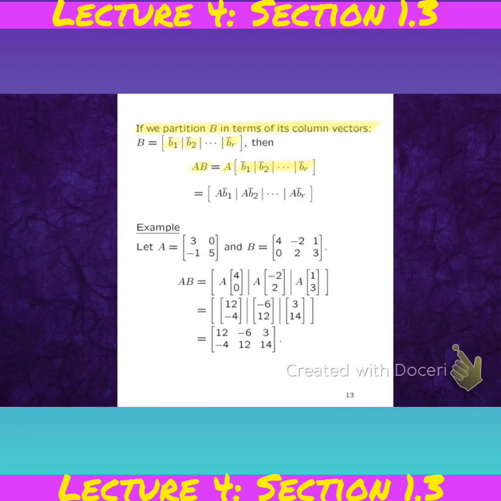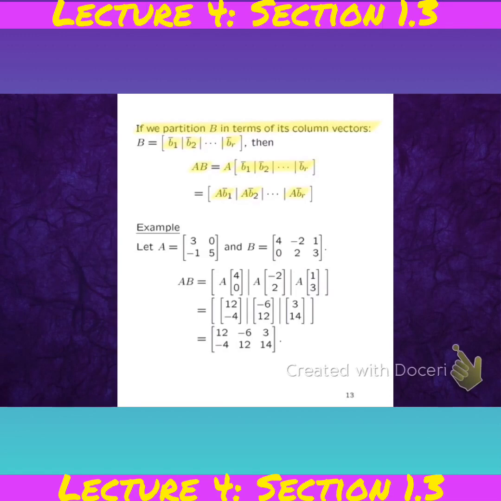Basically, to get the columns of my product, it's going to be A multiplied by the first column, A multiplied by the second column, up until the rth column. And that is going to give me my product.